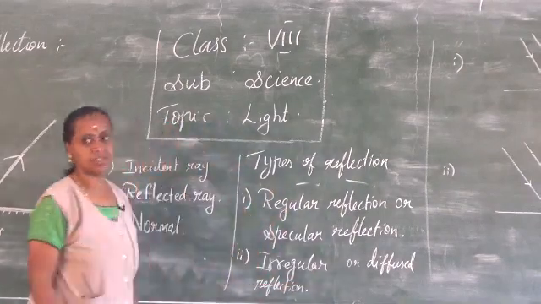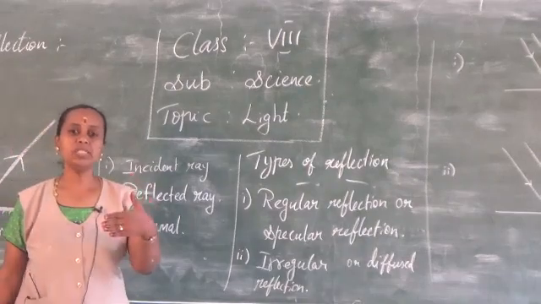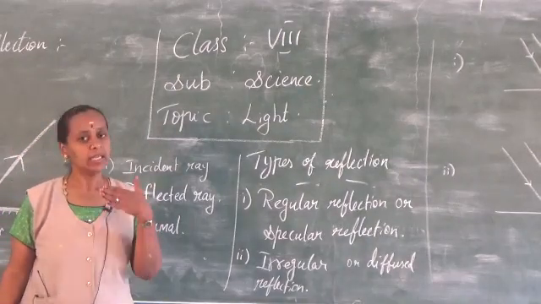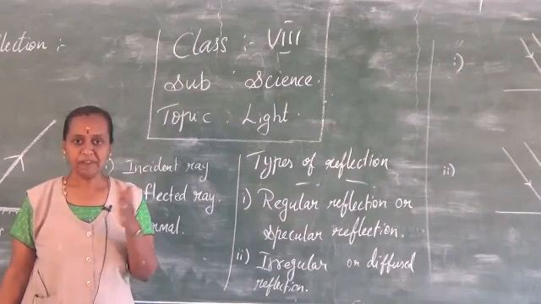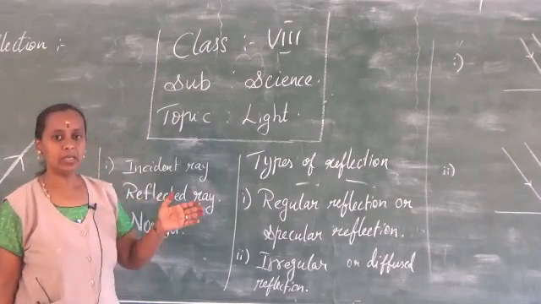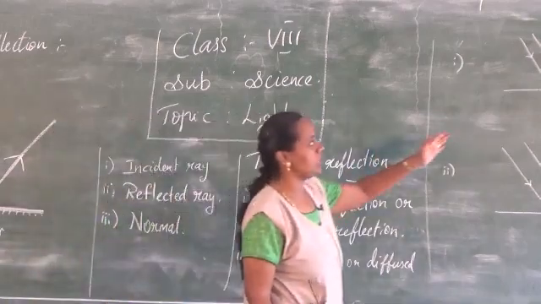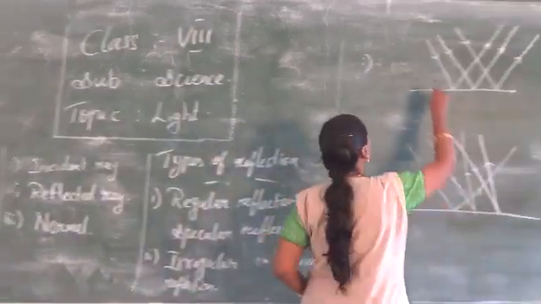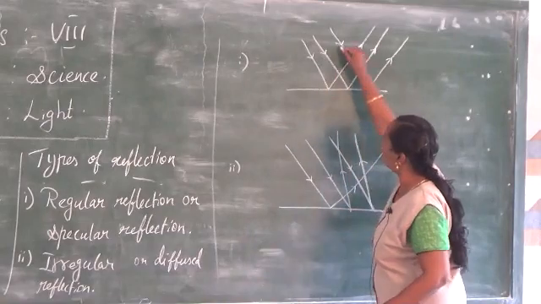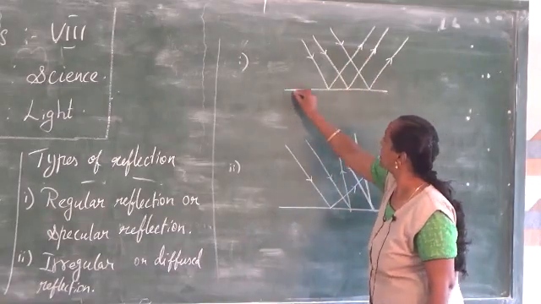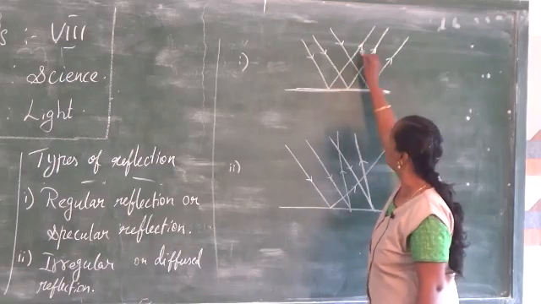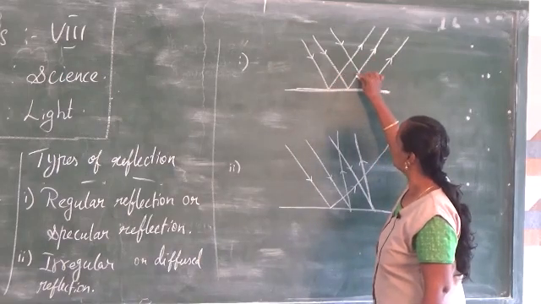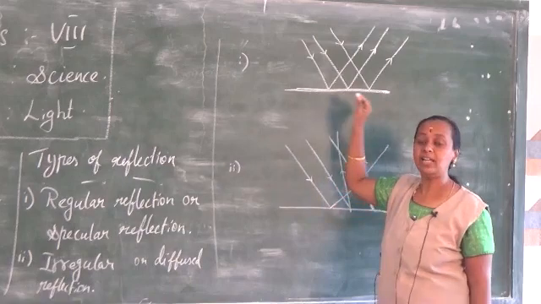What is regular reflection? When a beam of light falls on a shiny surface, it reflects. After reflection, the angle will be the same. See here, when a ray of light falls on a shiny surface, this is the shiny surface, it reflects back so that the reflected rays are parallel to each other.